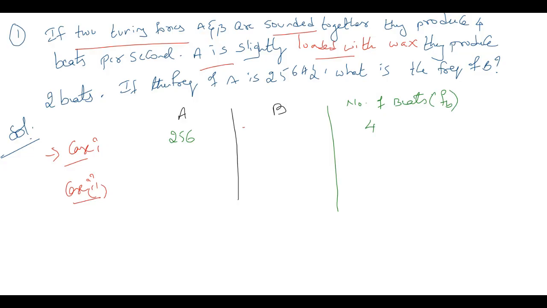So for 4, it should be either 256 plus 4 or 256 minus 4, right? Then only the difference will be 4. If it is 256 plus 4, it is 260, or 252. Okay, now what happened here?